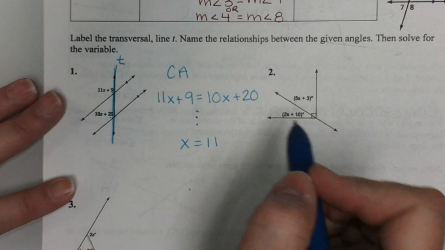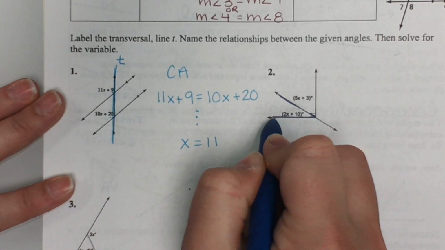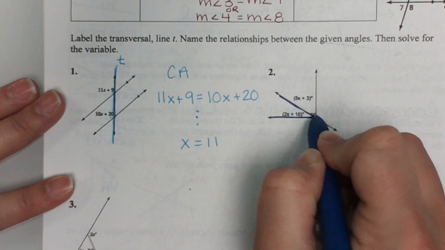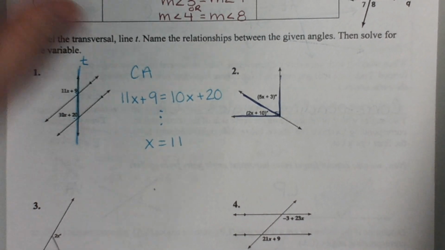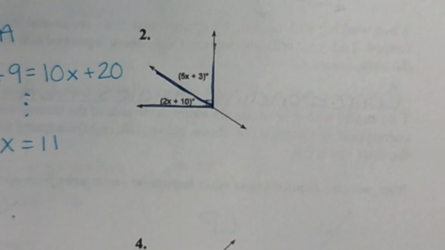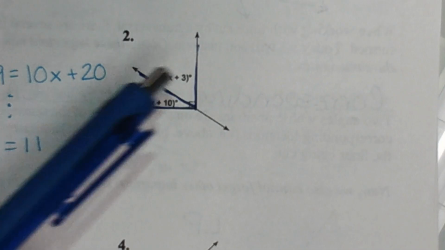Okay. Question 2, I've got this angle, and I've got this angle. Corey, what kind of angle pair are we thinking on this one?